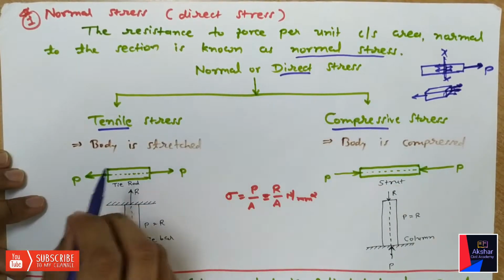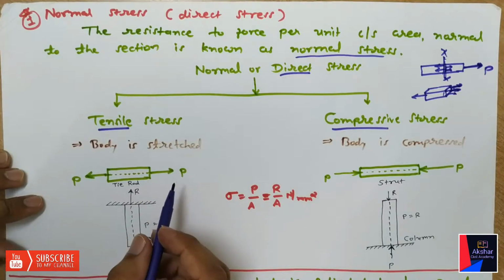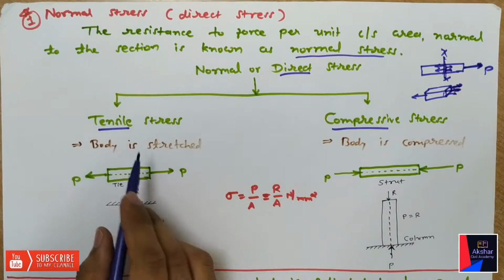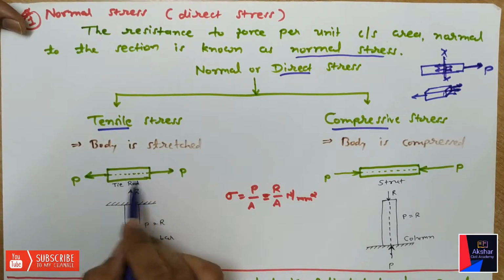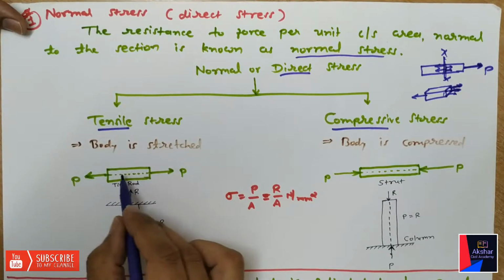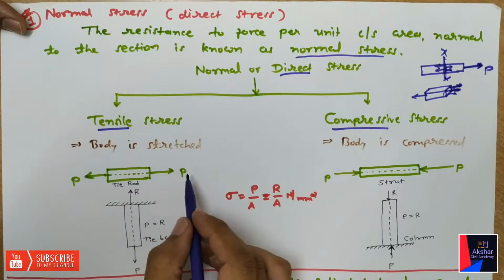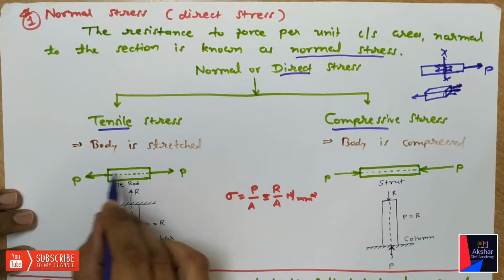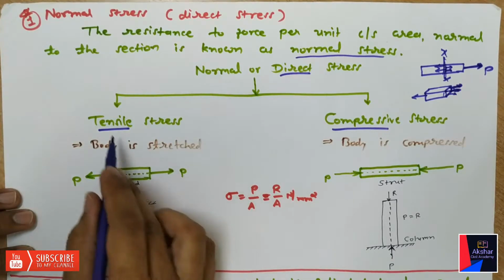There may be two types of normal stress, tensile or compressive. Now let us discuss these two types. First, tensile stress. When a body is stretched by a force, here we have considered this body and the force P applied, which is a tensile force, the body is stretched, and the resulting stress is known as tensile stress.